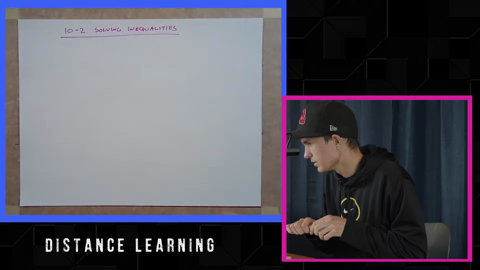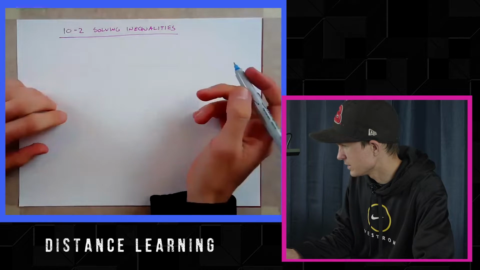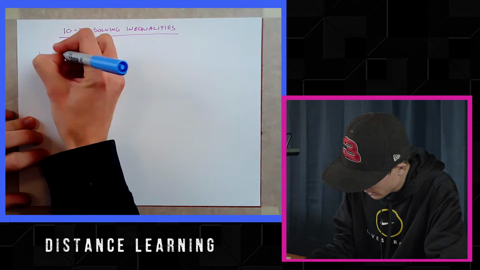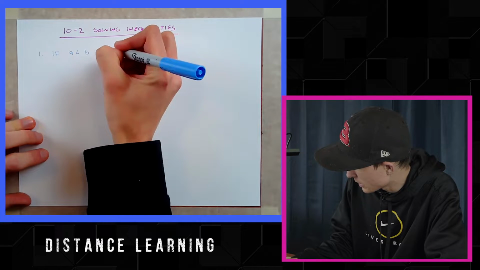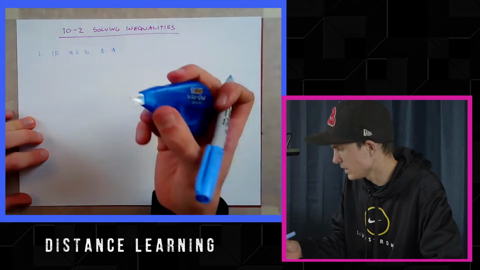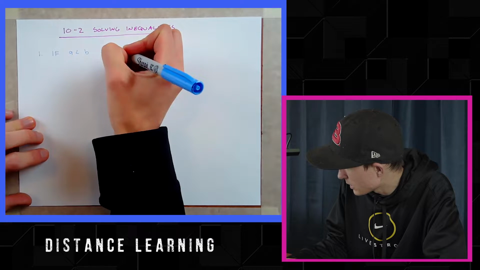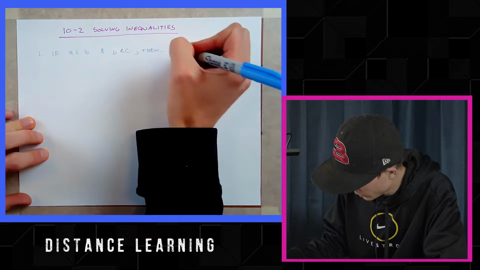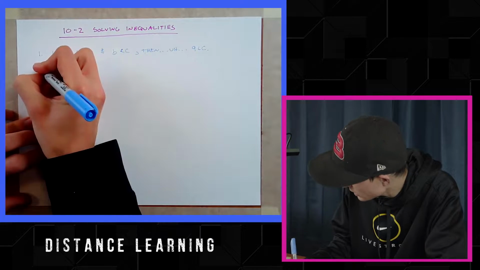All right, we did the easy stuff. Where's the hard stuff? Okay. Transitive property. This is like the easy one. If A is less than B and B is less than C, then A is less than C. That's my duh, obviously.